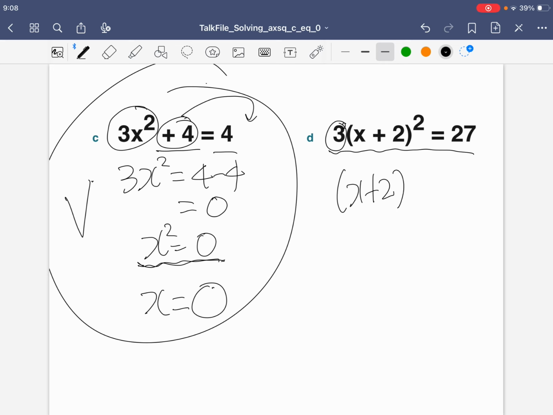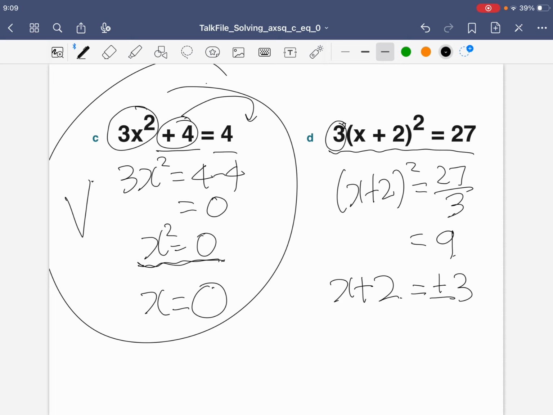Then (x plus 2) squared equals 27 over 3. Then you get 9. And then you can still take the square root of both sides. Then you get just x plus 2 on the left hand side, and plus minus 3.